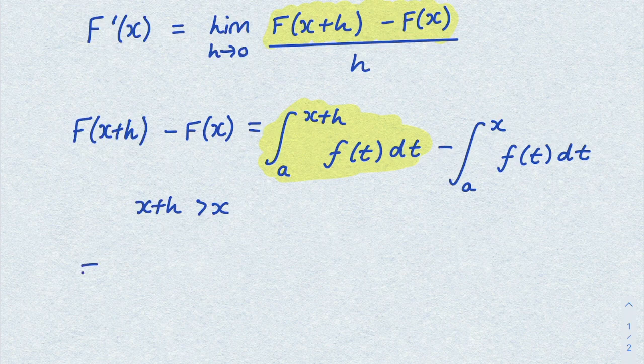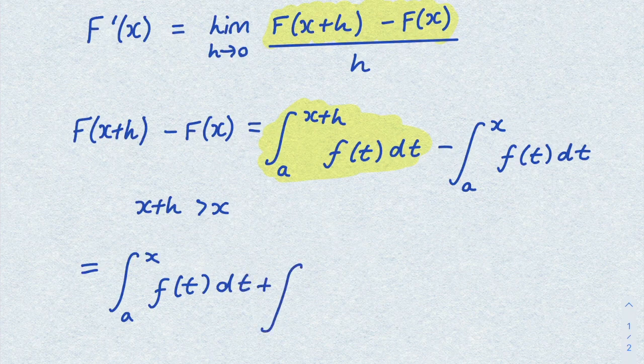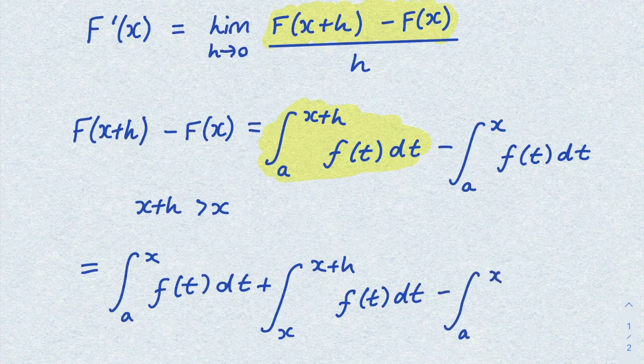So first we can integrate from a to x of f of t with respect to t, and then we can add the integral from x to x plus h of f of t with respect to t, and then we can subtract the integral from a to x of f of t with respect to t.